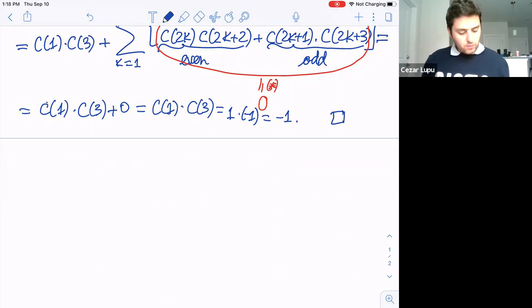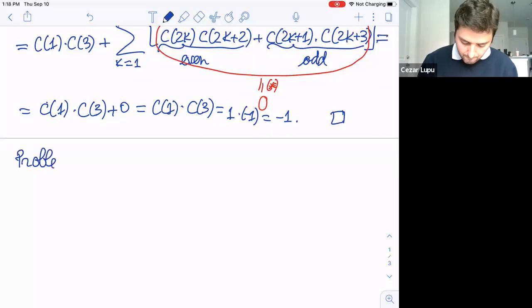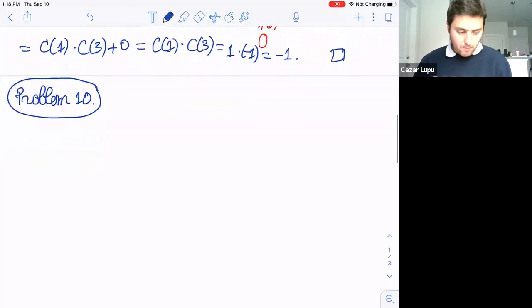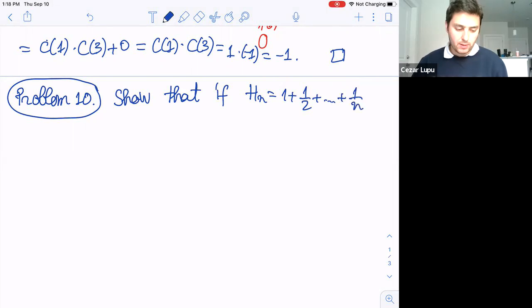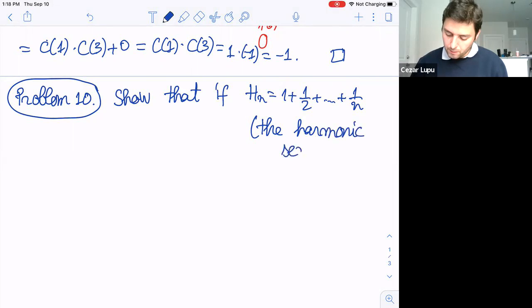Now let's veer towards problem 10. Problem 10 said the following: show that if Hn is 1 plus 1/2 plus up to 1 over n, so this is the harmonic sequence, then we have the following inequalities.